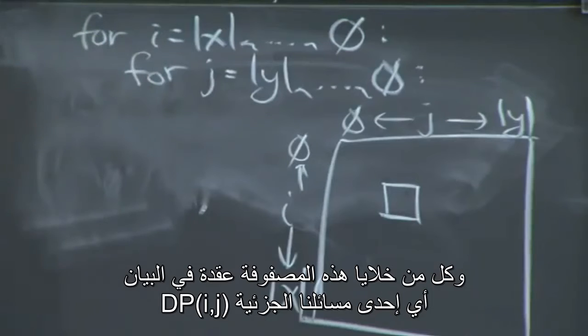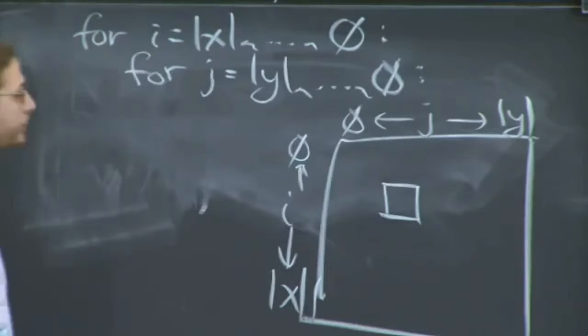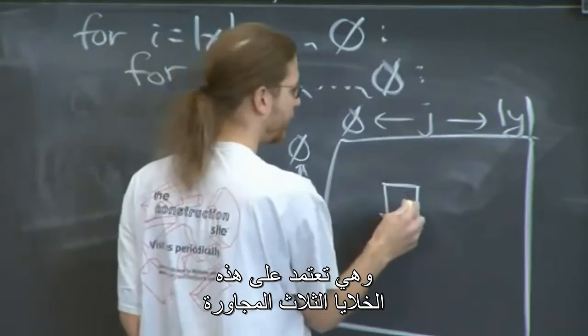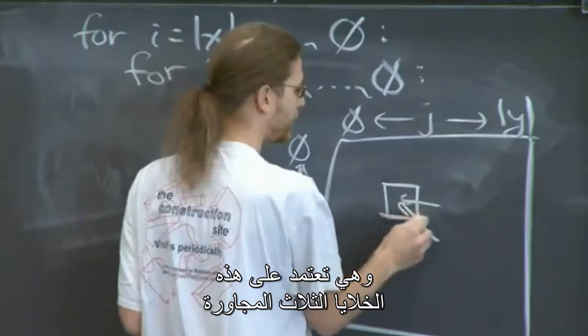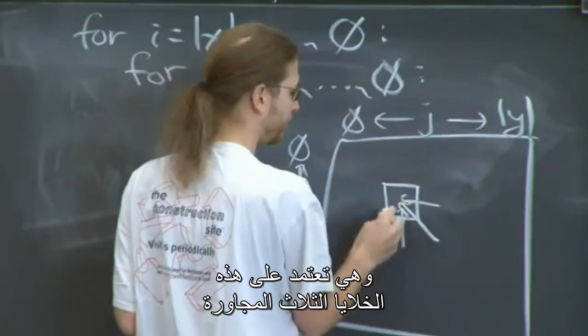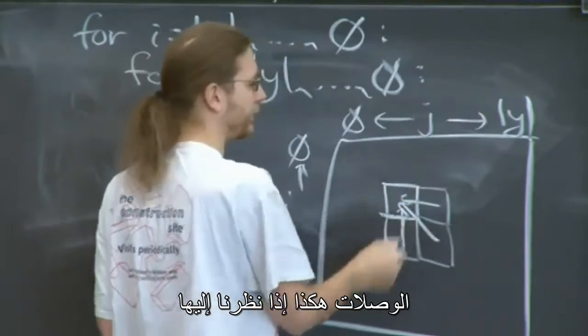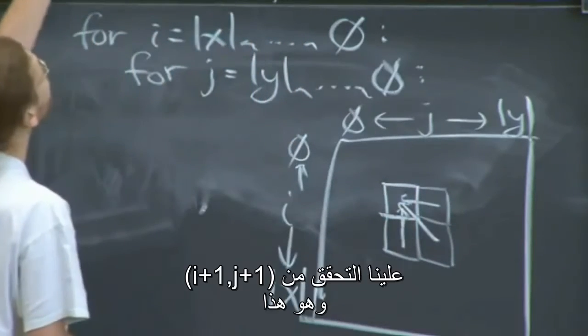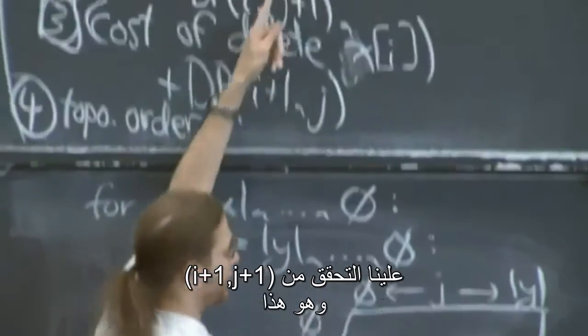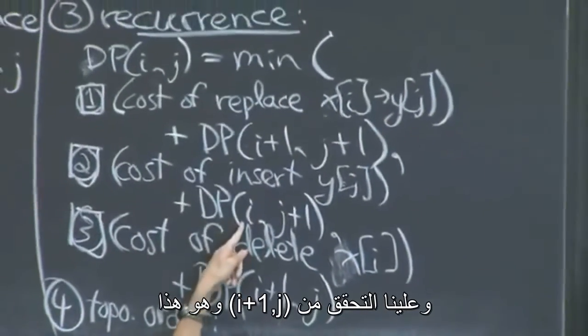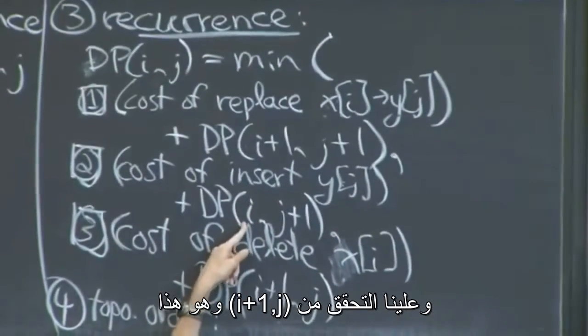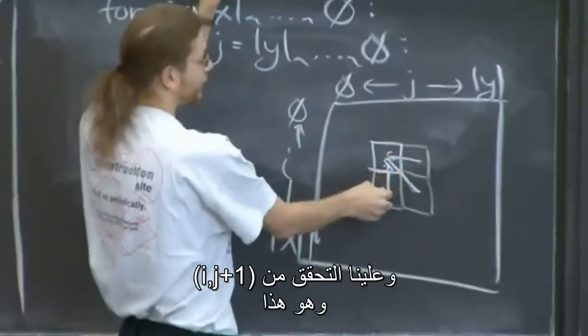That's one of our subproblems, dp of i, j. And it depends on these three adjacent cells. Okay, the edges are like this. We have to check i plus 1, j plus 1, that's this guy. We have to check i, j plus 1, that's this guy. We have to check i plus 1, j, that's this guy.